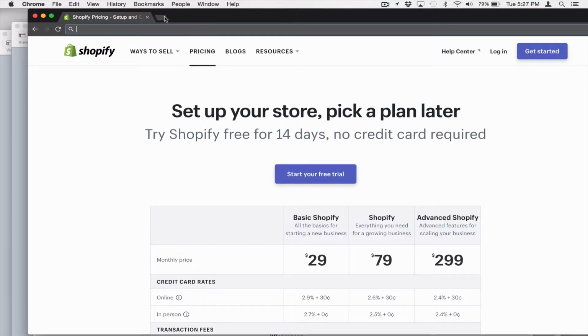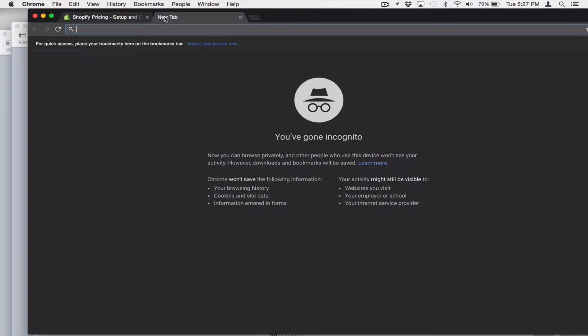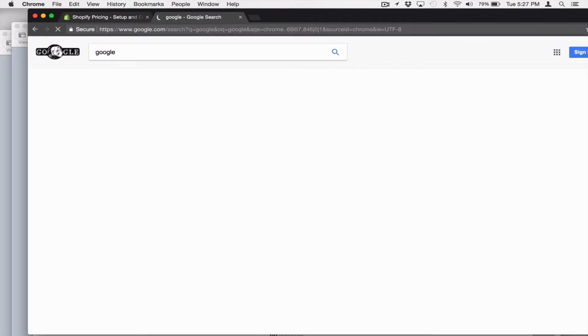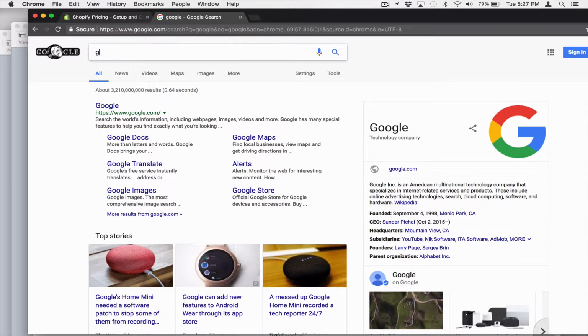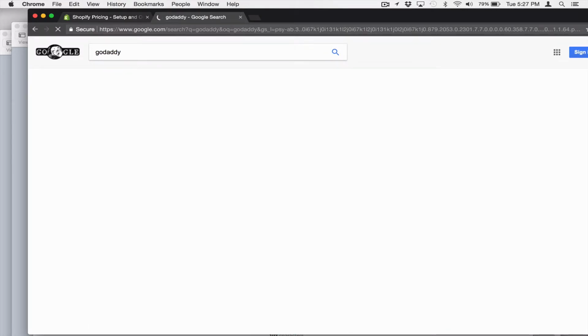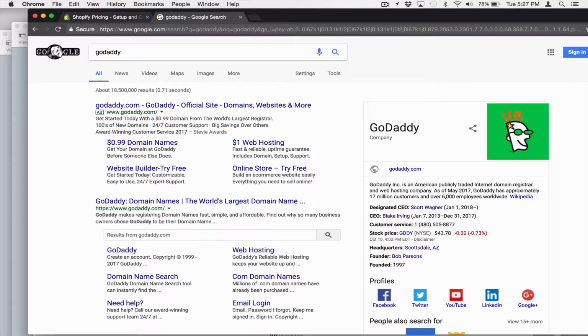Next thing is a domain name. I go through GoDaddy. You could actually go through Shopify when you're finding your domain name. I'm not exactly sure what they charge you, and they could put the costs in your total.